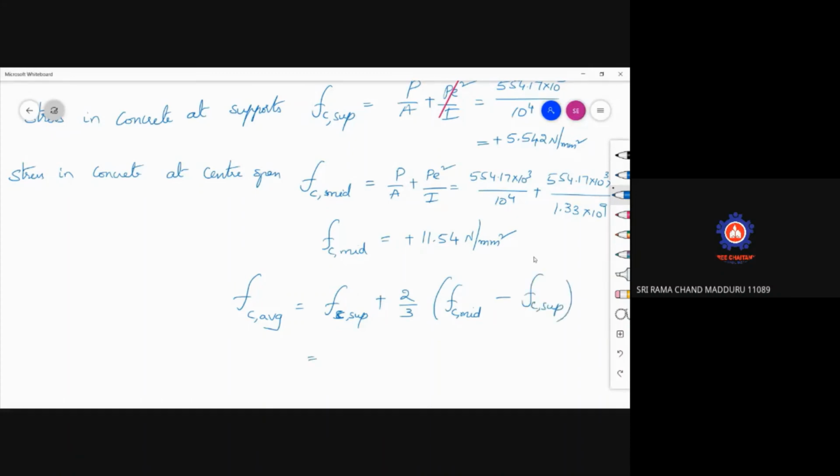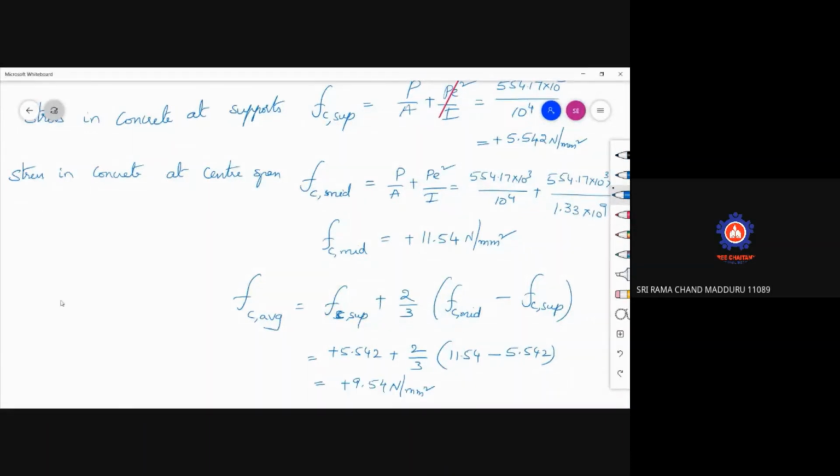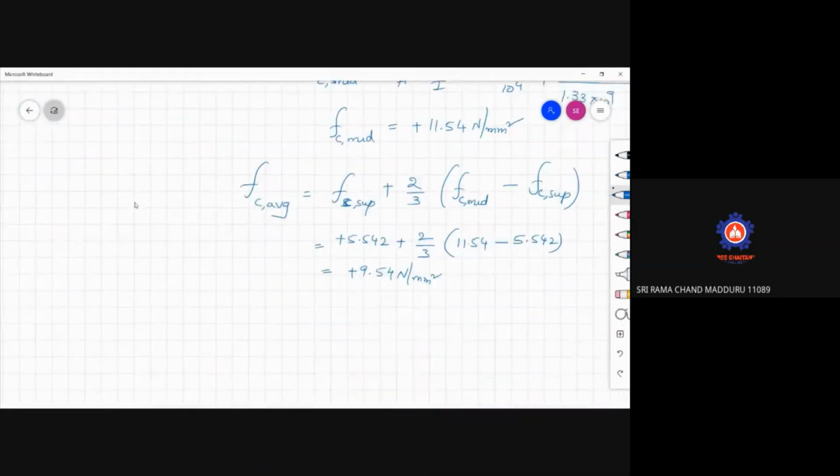So this is FC supports, plus 5.542, plus 2/3 of 11.54 minus 5.542. So FC average will be calculated. So stress in concrete FC average is calculated.